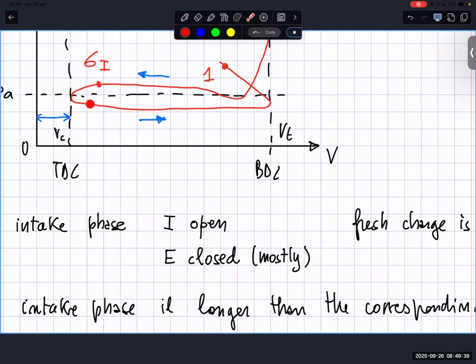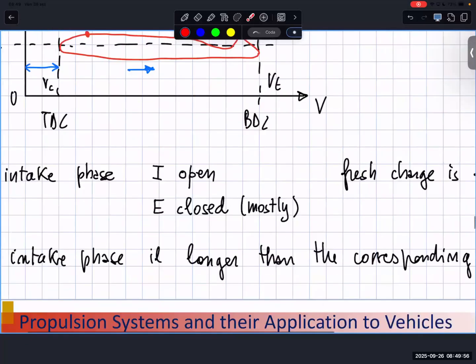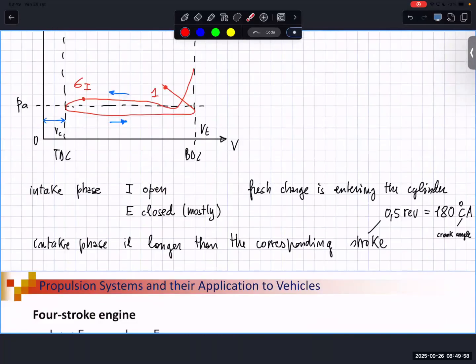You reach the TDC, you go down to BDC, and the piston is going up. So more or less, we consider the point 1. These numbers are considering the separation of different phases. So the phase is longer than the corresponding stroke. So intake phase 6i to 1, corresponding stroke is TDC to BDC.